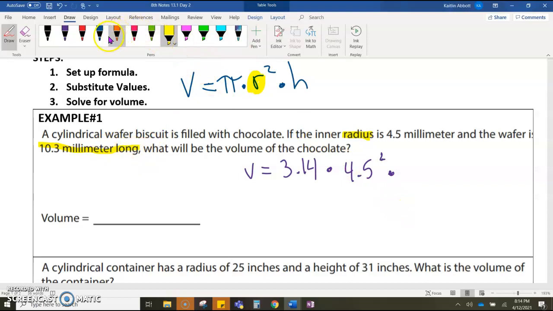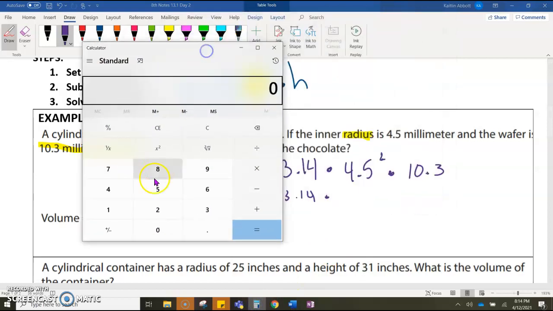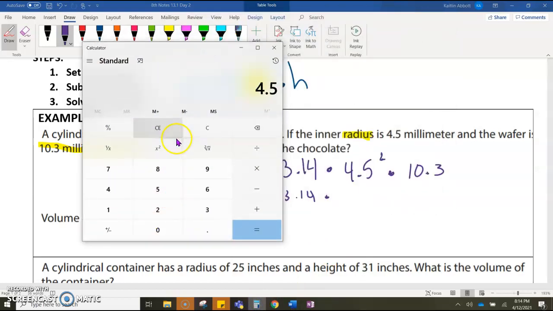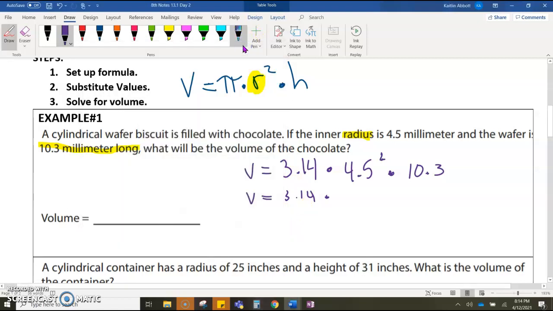So we're going to multiply by 10.3. Last, remember, we like to solve the exponent first, just so we can put all this in the calculator without any issues. So volume equals 3.14 times 4.5 squared. Get that handy dandy calculator. 4.5 squared gets us 20.25.